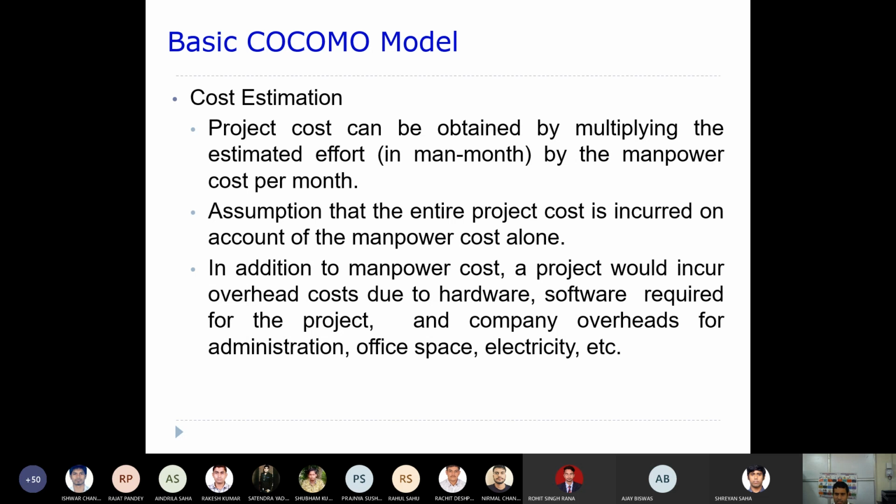But as of now, what is assumed here is that it only takes into account the manpower cost, the persons who are paid a salary. Okay, clear?